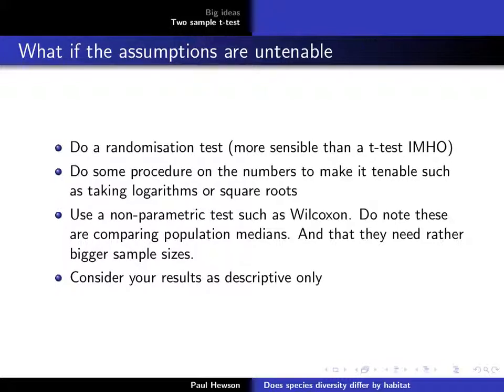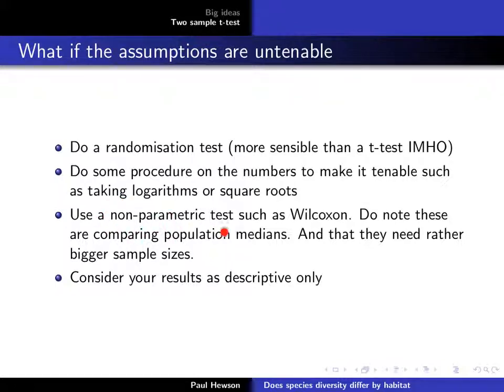The second thing you can do if the assumptions are untenable is to do some kind of maths on the numbers. For instance, if you're counting, it's conventional to take square roots. If you have variables that differ in orders of magnitude, you might want to take logarithms. And you may find, if you do these procedures, the derivatives you get, the logarithms or the square roots of the original data, look as if they behave in accordance with the mathematical assumptions.